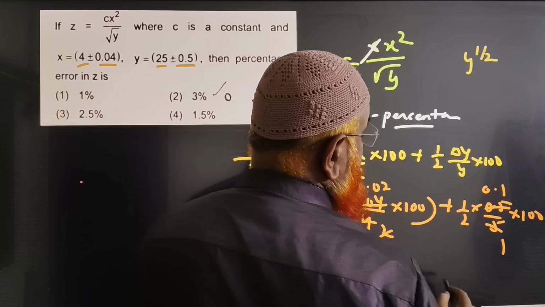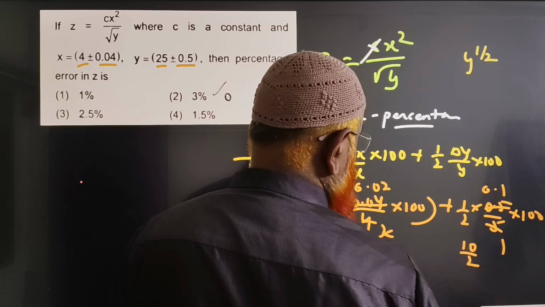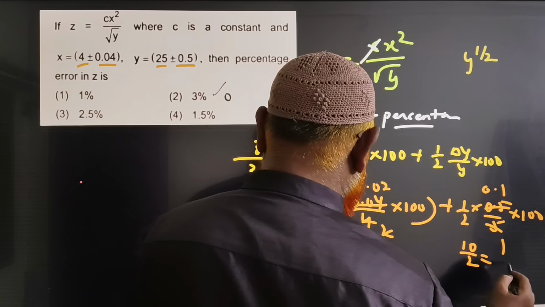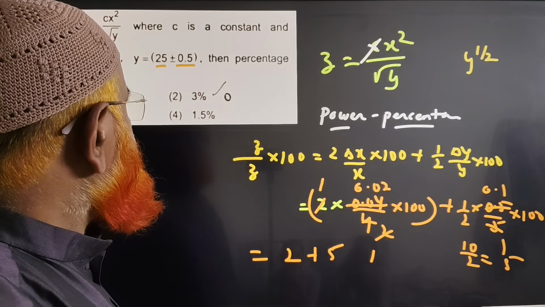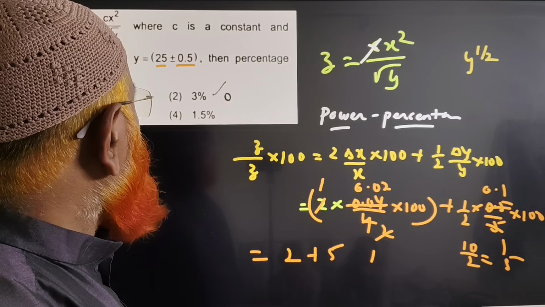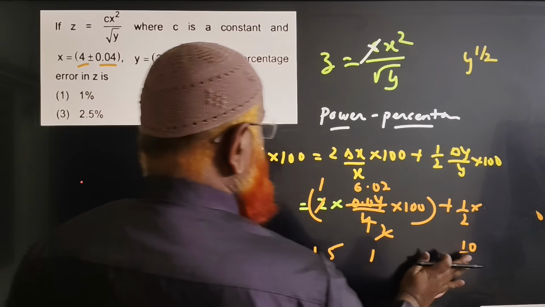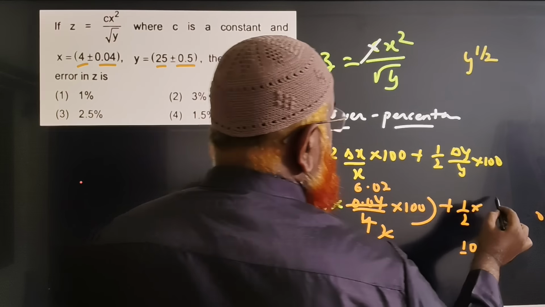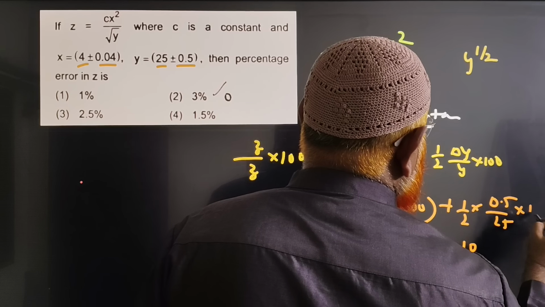This is 0.1, which means 10 by 2, which is nothing but 5. Is it so? 0.5 by, sorry, 25. What is there here? 0.5 by 25 into 100.